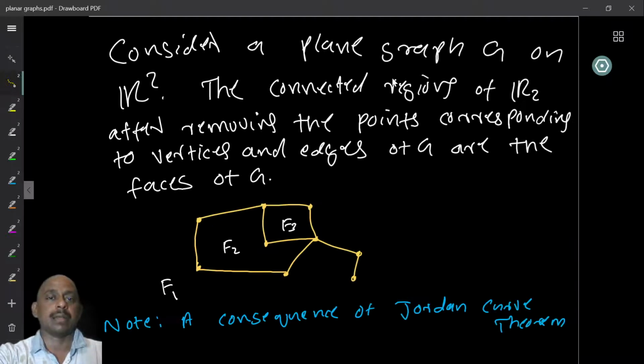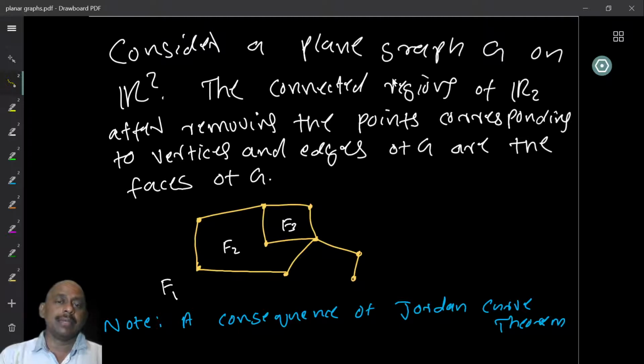Now, let us look at an example on R2. Consider a plane graph on R2. If you look at such a representation, intuitively speaking, you will see that if you take any cycle in the graph, the cycle basically forms a kind of closed curve.